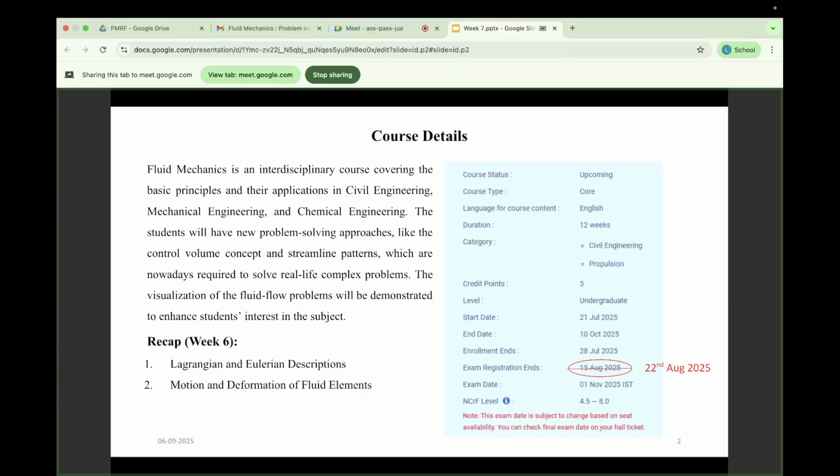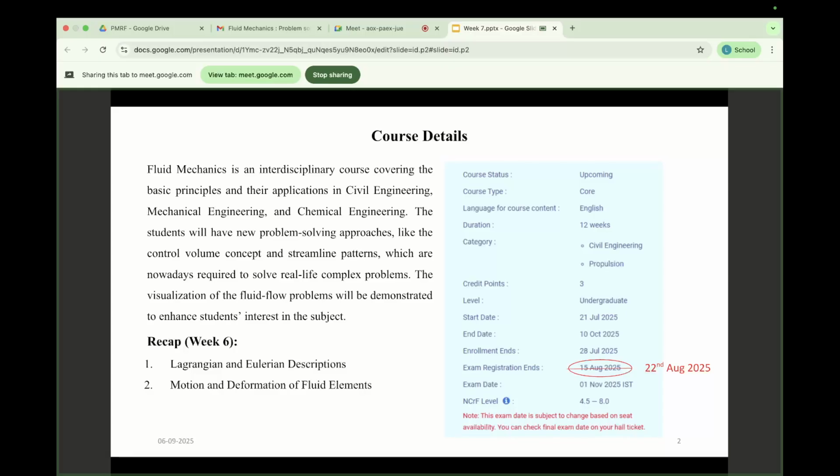Let me recap the last class. In the last class, we discussed the Lagrangian and Eulerian description and approach, the motion and deformation of the fluid element, various types of flow, and also potential flow.